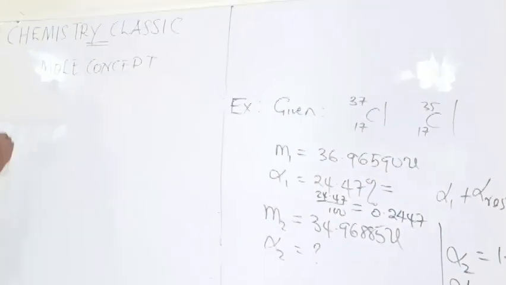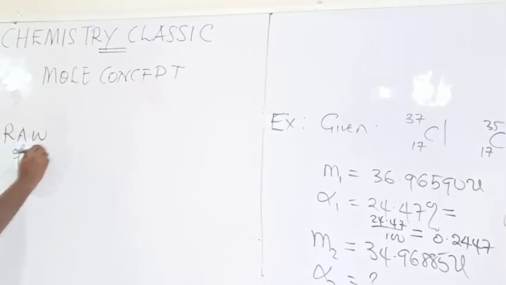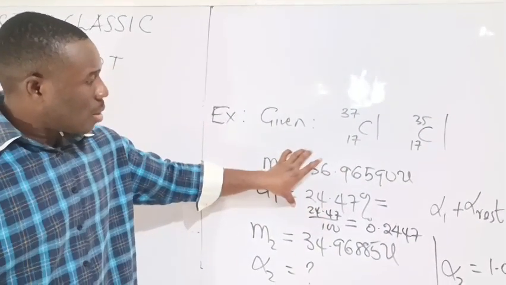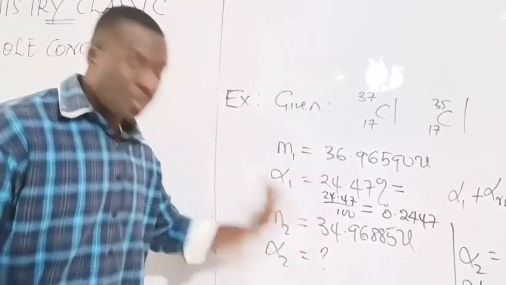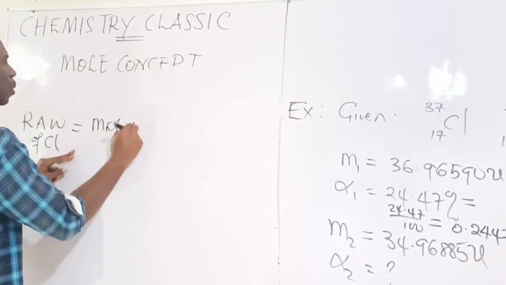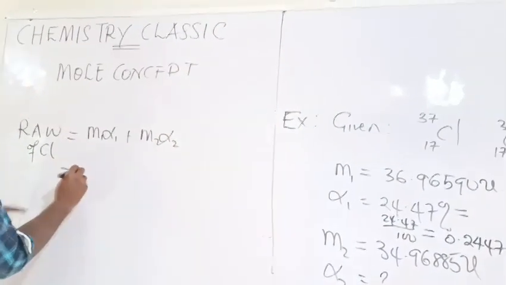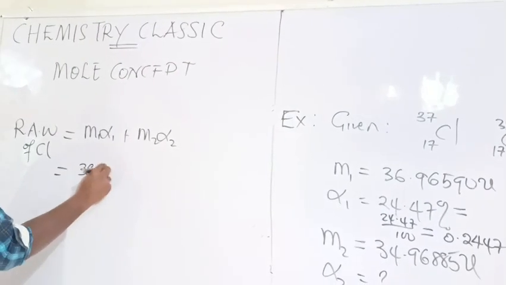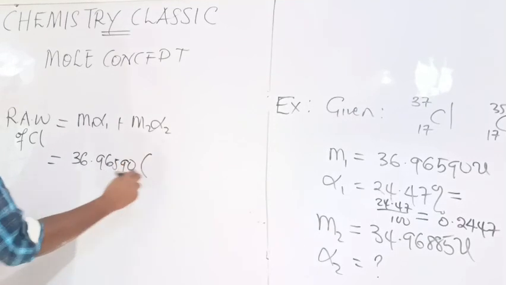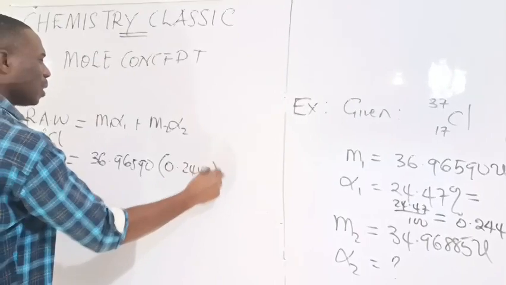So the relative atomic weight of chlorine must be the weighted average, M1 times alpha 1 plus M2 times alpha 2, since it has just two isotopes. M1 clearly is 36.96590, its abundance in decimal is 0.2447.